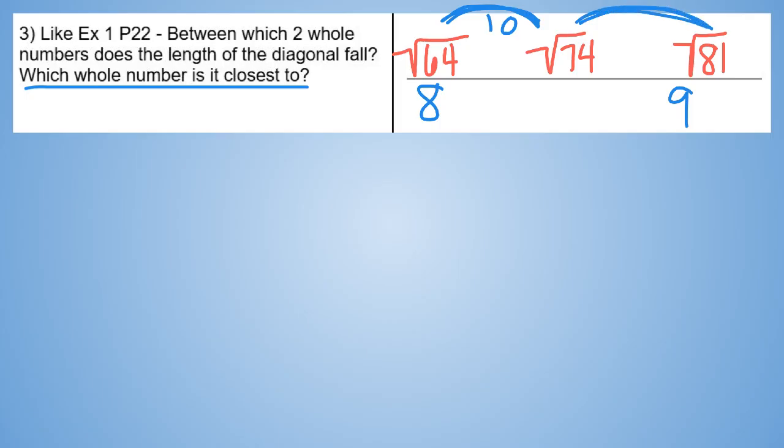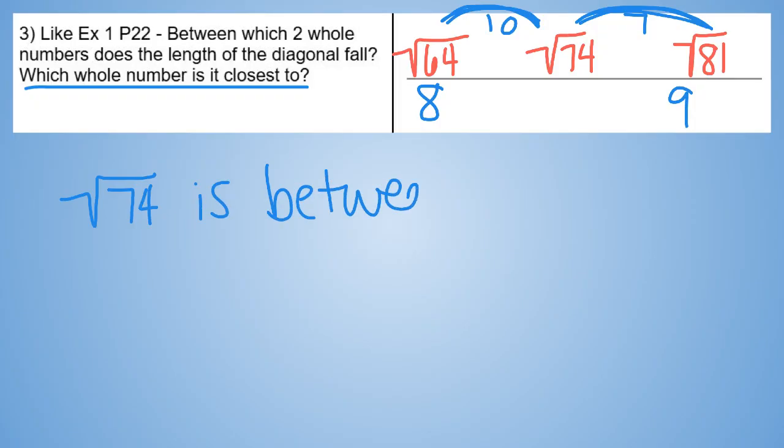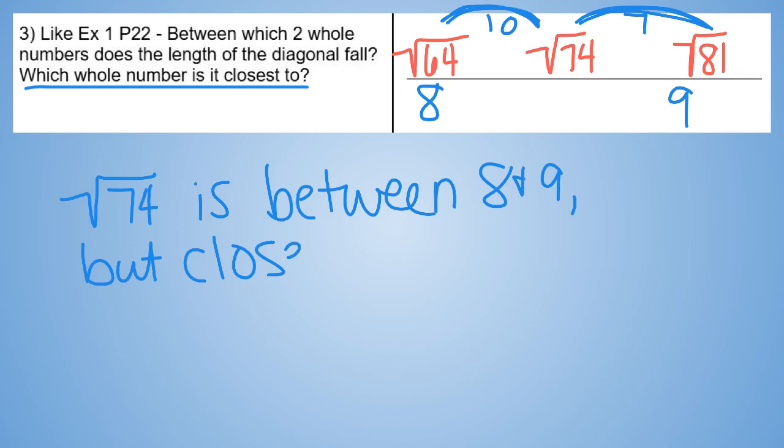These are 7 away. It appears that the square root of 74 is between 8 and 9, but closer to 9.